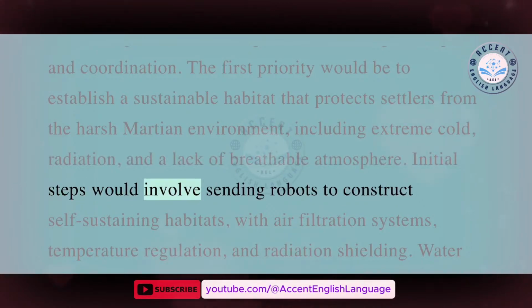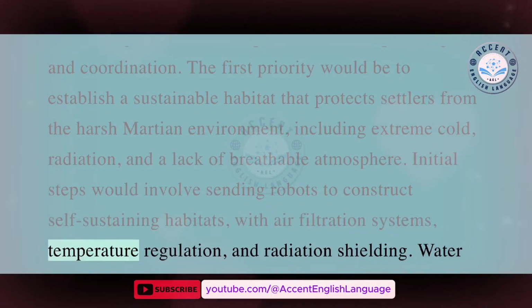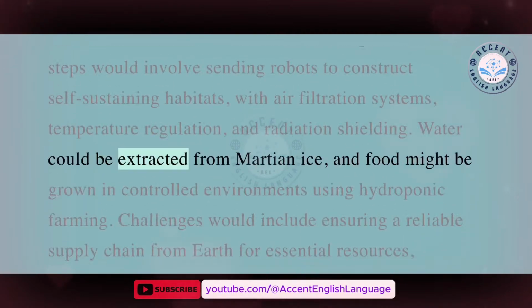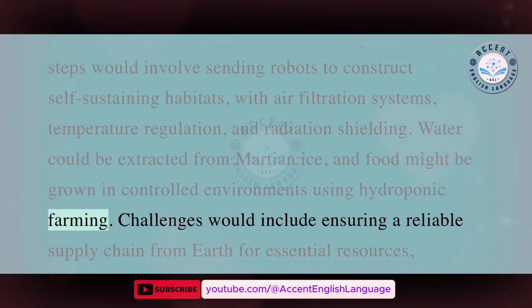Initial steps would involve sending robots to construct self-sustaining habitats, with air filtration systems, temperature regulation, and radiation shielding. Water could be extracted from Martian ice, and food might be grown in controlled environments using hydroponic farming.